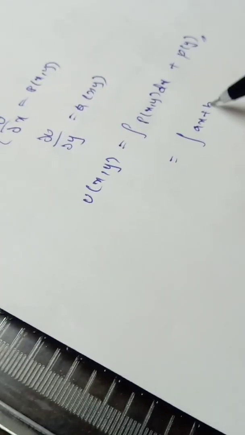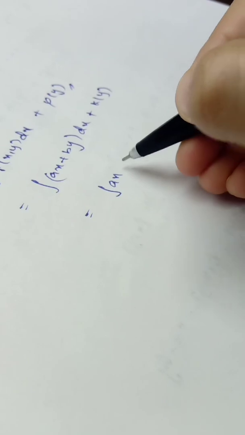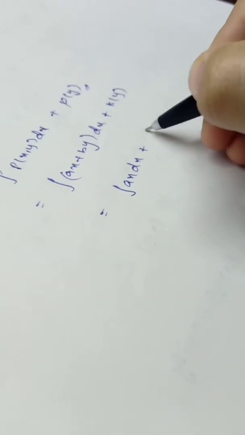So the integral of (ax + by) dx plus some k(y). So the integral of ax dx plus the integral of by dx plus k(y).